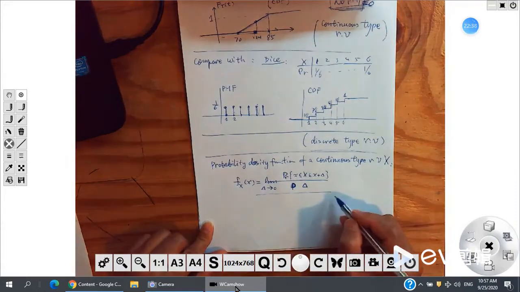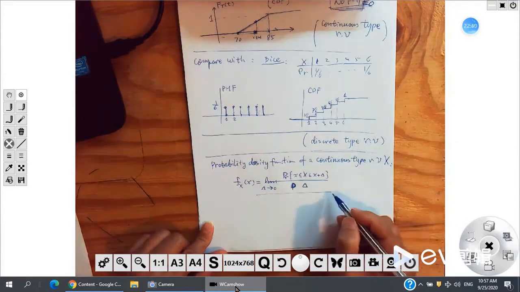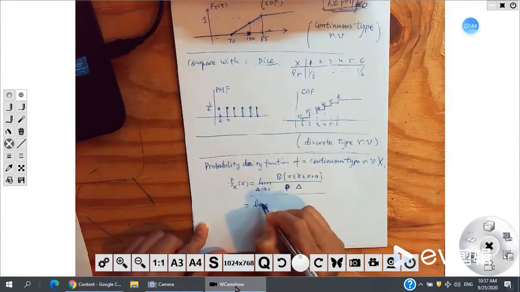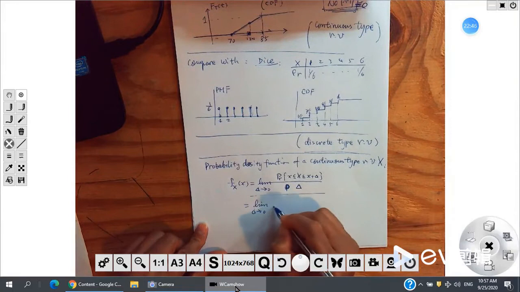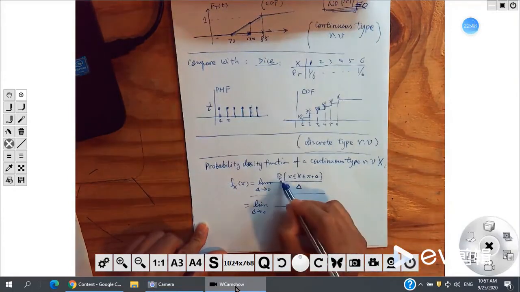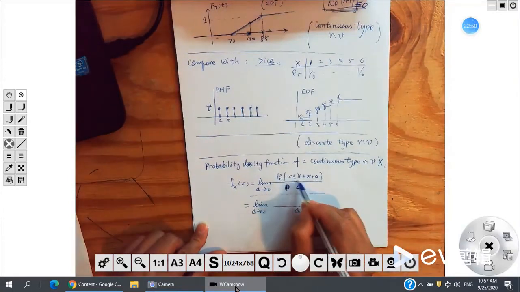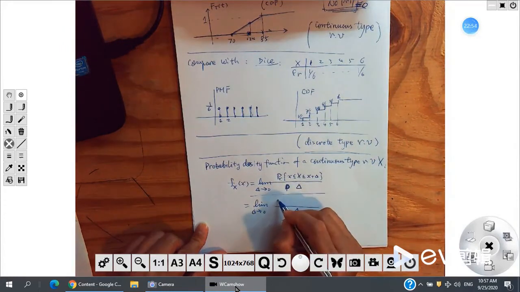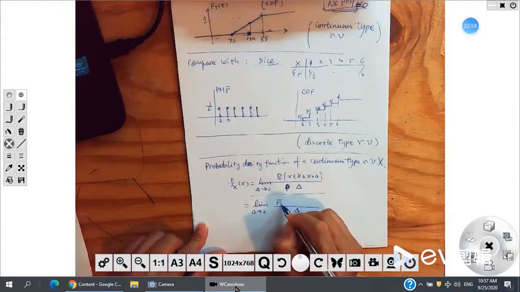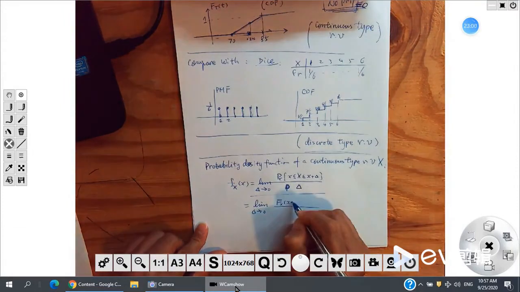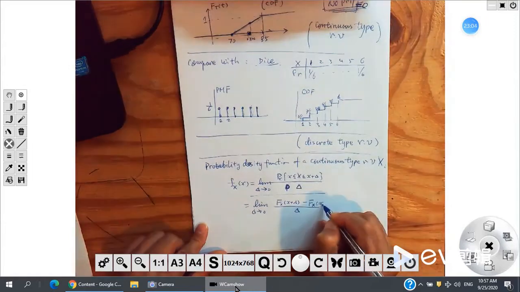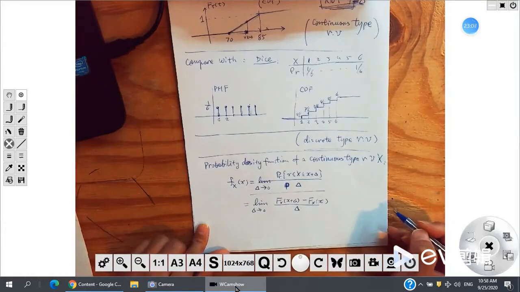Is this familiar? I write it this way: limit as delta tends to 0, the denominator is delta, and the numerator is the probability of this interval. We can calculate this by the CDF: it is F_X(x plus delta) minus F_X(x). Makes sense?